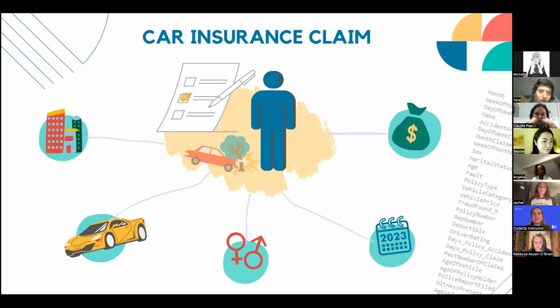So all this constitutes the car insurance claim, and we have 15,000 instances of that. So using all these features, we want to build a classifier model that will, next slide, please.